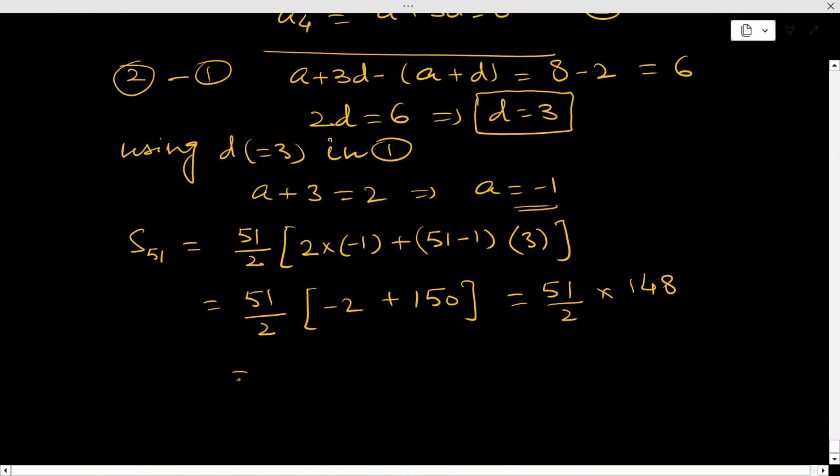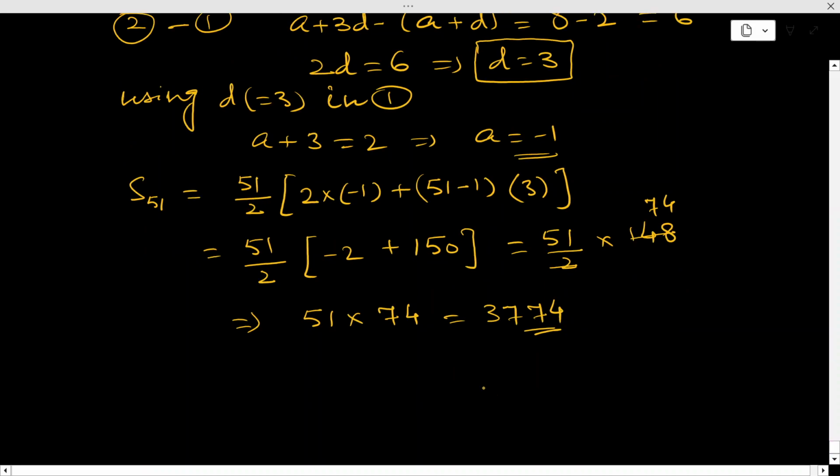So from here you will obtain this as 51 into 74, because you can cancel out this 148 by 2, so you will obtain 74. So now 51 into 74 is coming out 3774. So this is the sum of the 51 terms of this AP.